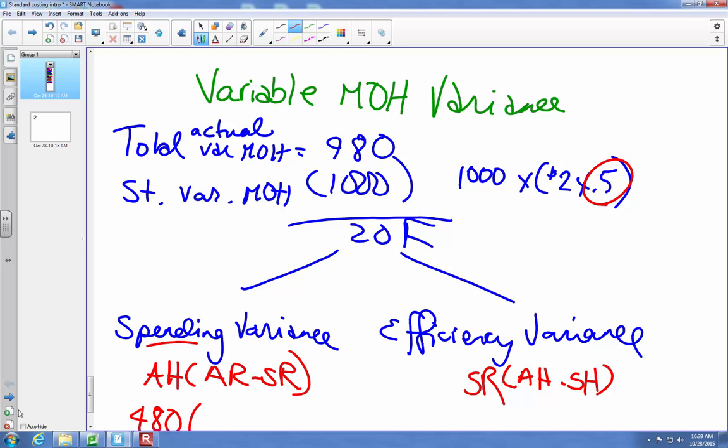So you should be able now to figure out what my spending variance was. If you finish the spending variance, go ahead and run the efficiency variance.